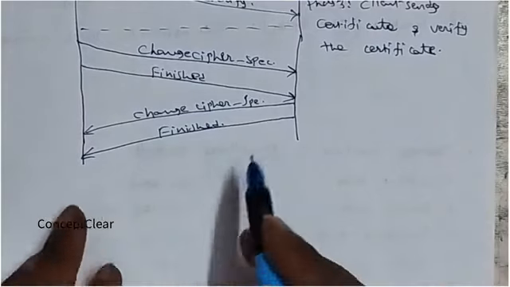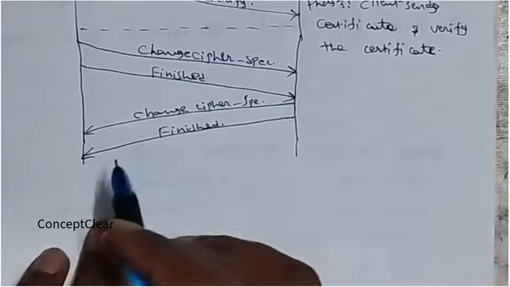After completion of the 4 phases, the client is authenticated by the server, and the server is authenticated by the client.